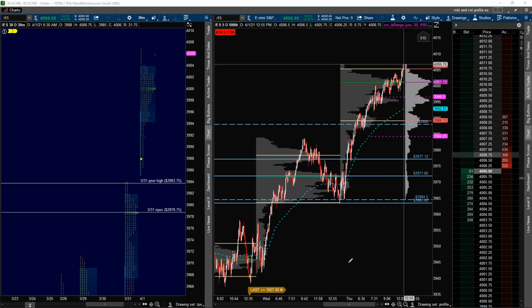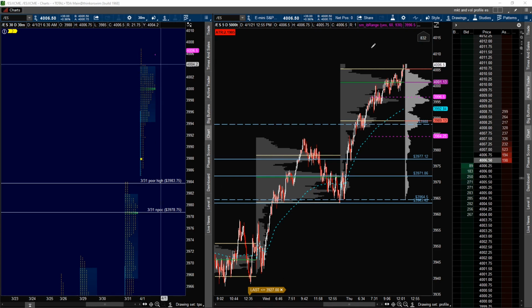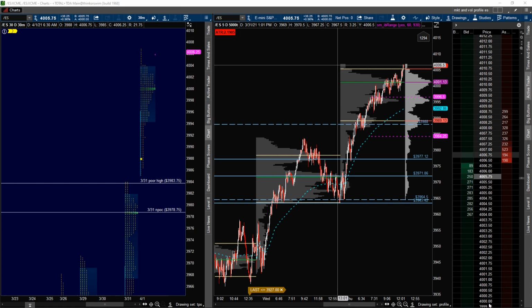One tick away from the 4,007. You see how this profile got changed right now? And it's still absorbing. You see the volume in there increasing, so it's absorbing these levels up here. We are not seeing much of a cutoff yet on the volume profile.